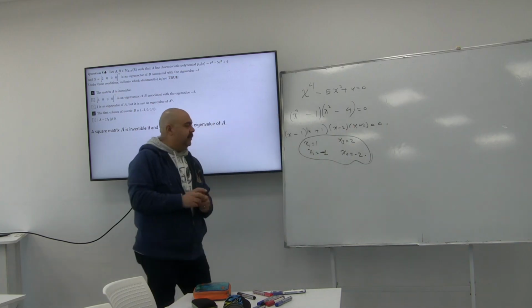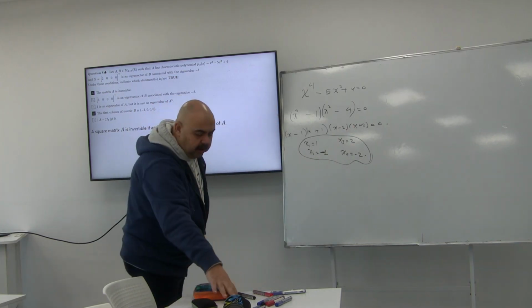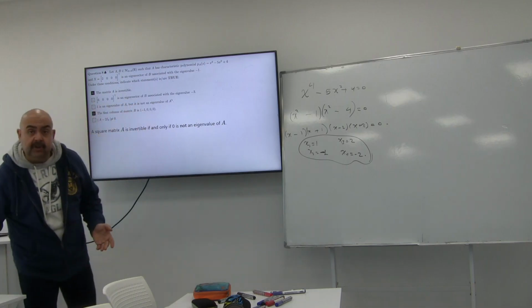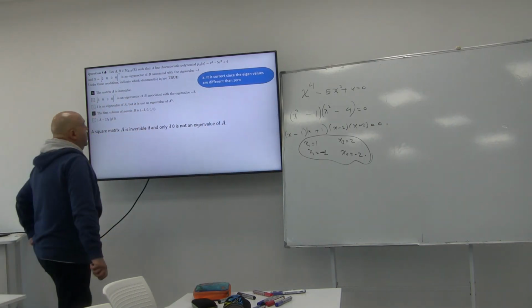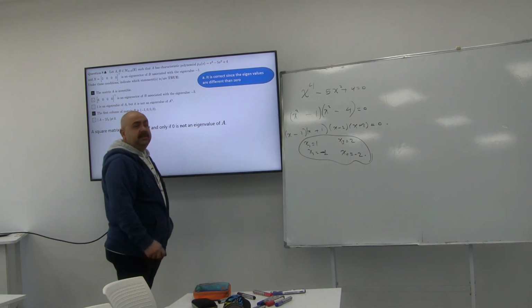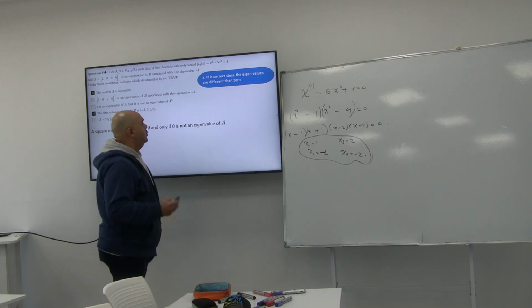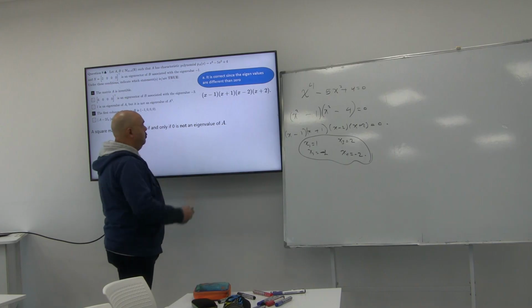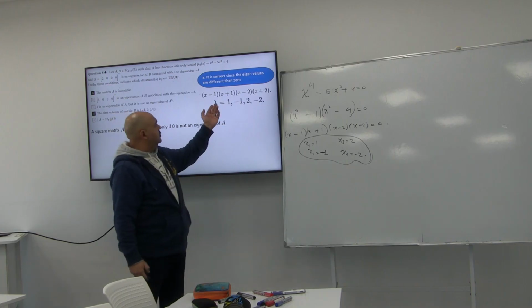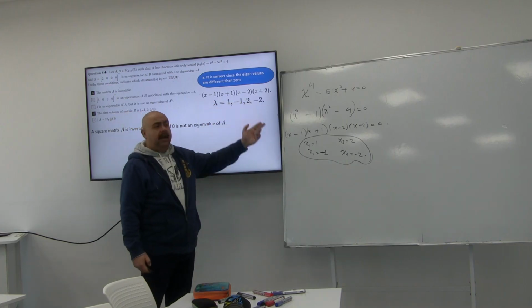So 1, -1, 2, and -2 are the eigenvalues of the characteristic equation of this matrix. It's correct since the eigenvalues are different from 0. These are the eigenvalues: lambda equal to 1, -1, 2, and -2.